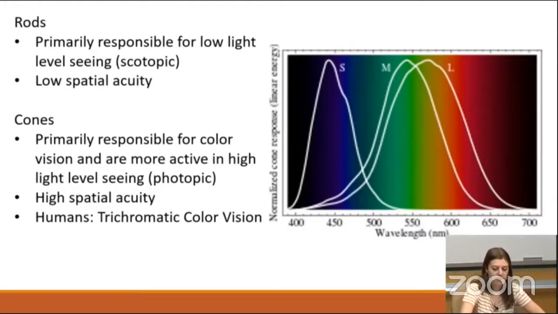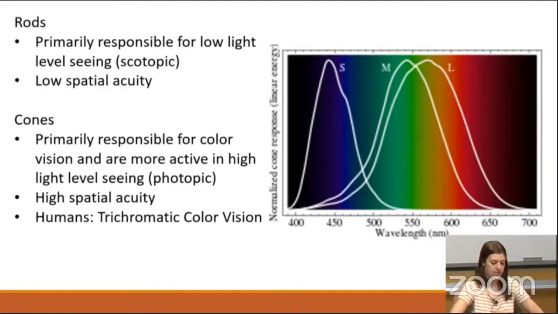So, like I was talking about earlier, rods are responsible for low light and black and white, which is called scotopic vision. And rods have low spatial acuity, which means that you can't see as well with your rods, with your black and white or your night vision.